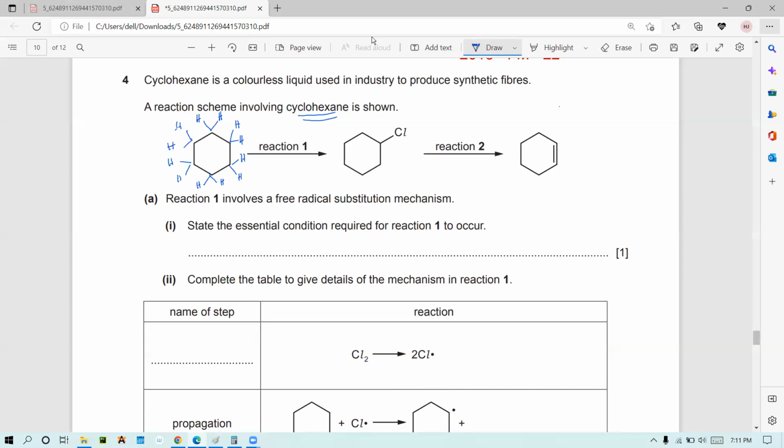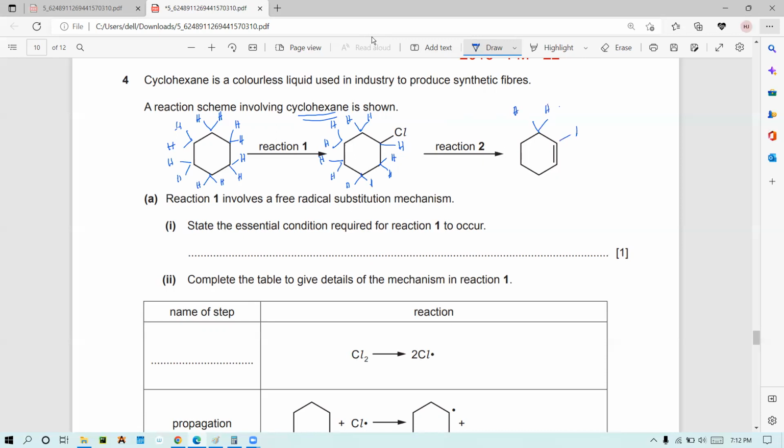The product of reaction 1, you can see 1 chlorine added into this. There should be a hydrogen atom also attached. In all the other carbon atoms, there are 2 hydrogen atoms each. Even though I draw this on the screen, you don't have to do this in the exam because you should know how this structure is. And I do the same thing to this also.